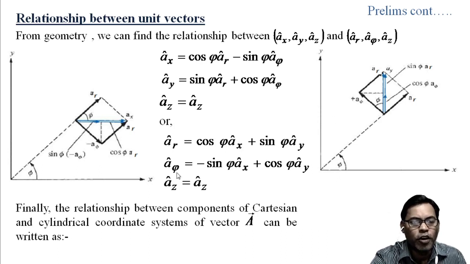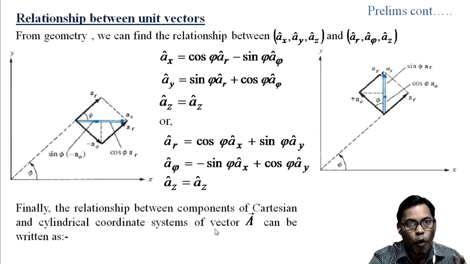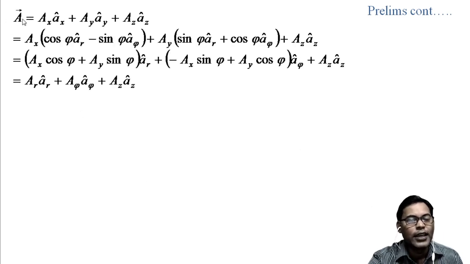Now finally we have the relationship between the components of the Cartesian and cylindrical systems of vector a. You see that here the components of a in the Cartesian coordinate system are related to the cylindrical coordinate system. Also we have seen the relationship between the unit vectors of the Cartesian and cylindrical coordinate systems. Now we are going to represent this expression. In the Cartesian coordinate system a equals ax plus ay plus az.